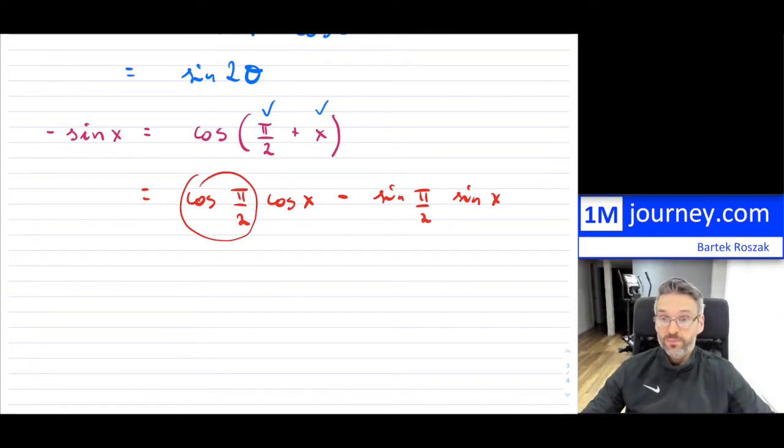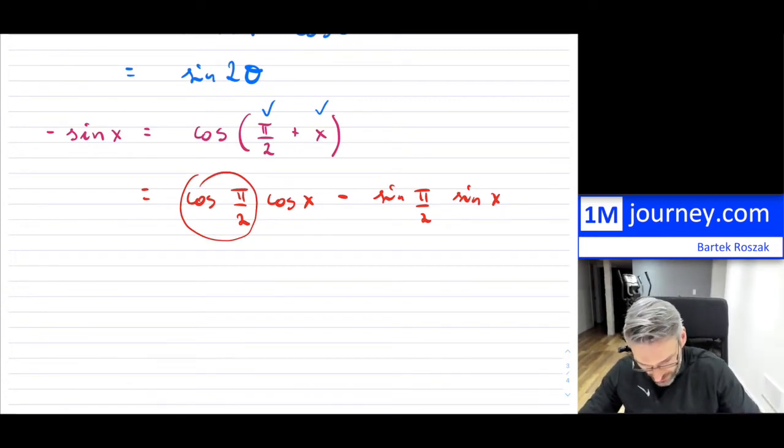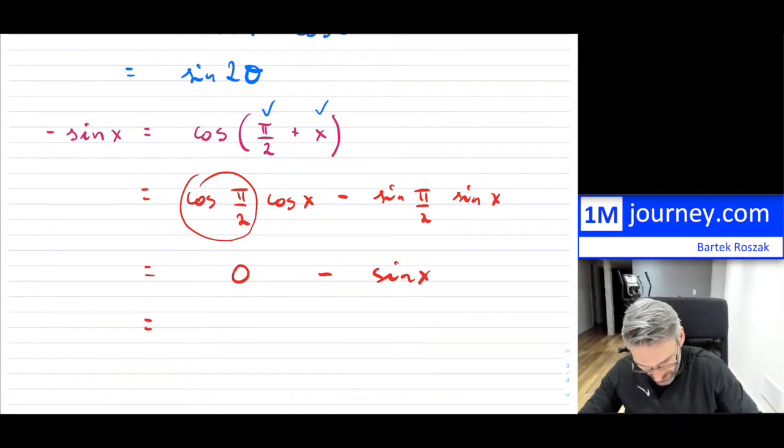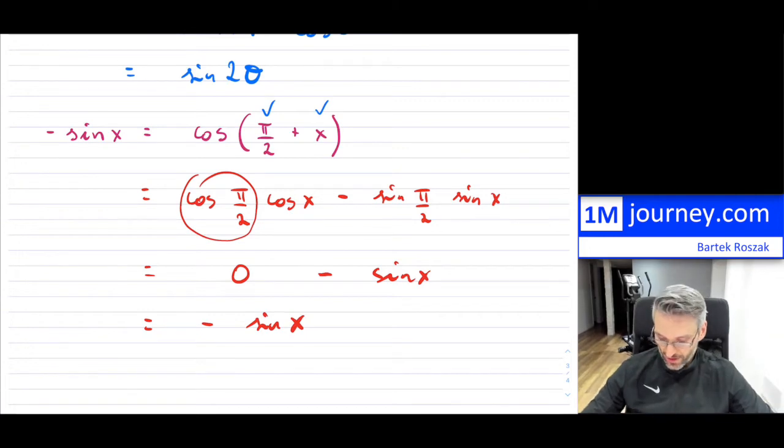Cos of pi over 2 is 0, so 0 times cos x is just 0. Sine of pi over 2 is 1, so this is minus 1 times sine x, which is negative sine x. So left-hand side equals right-hand side. We've proved that.